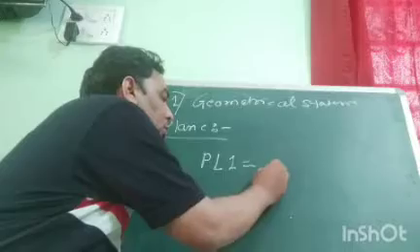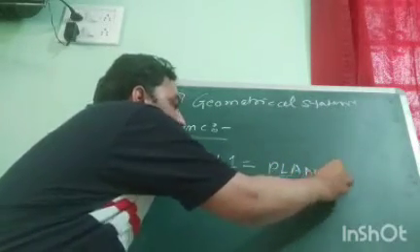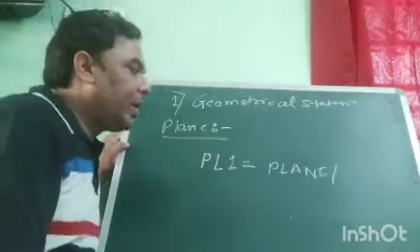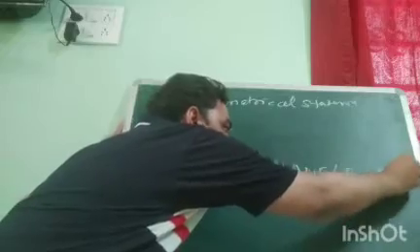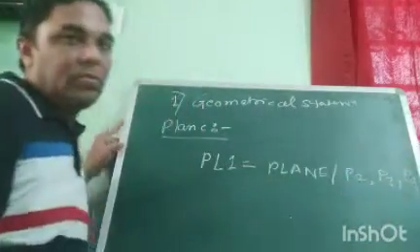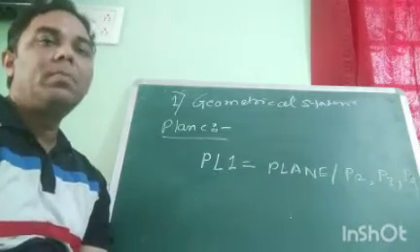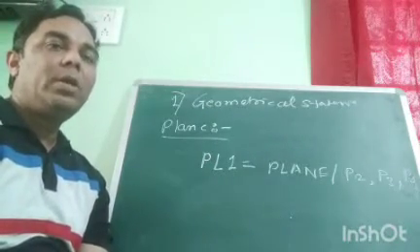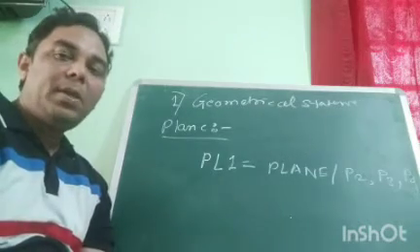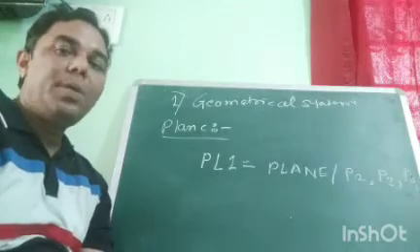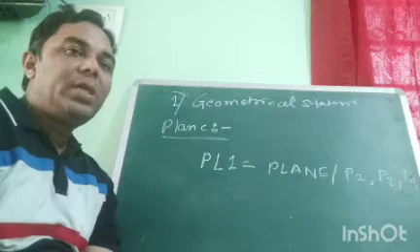You just write down PLANE, plane in English terms, and where it passes from, P2, P3 and P4, for example, or P1, P2 or P4, maybe. Take any points where you want to pass the plane. Just mention the points P1, P2 and P4, or P2, P3 or P4, and so on.